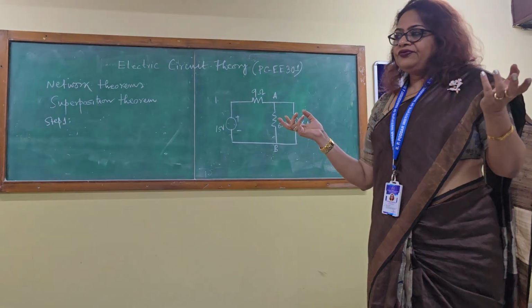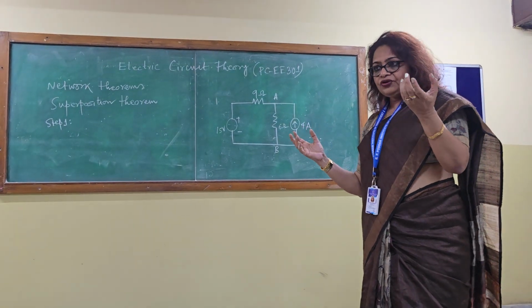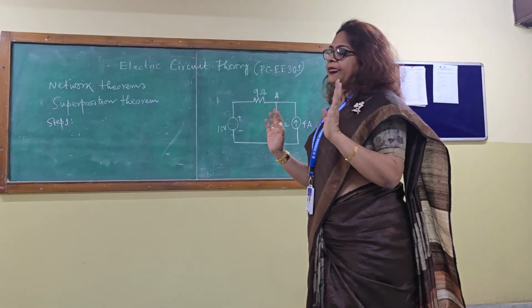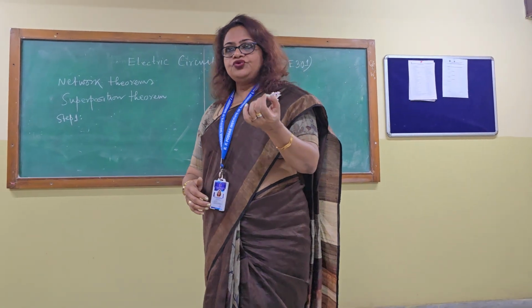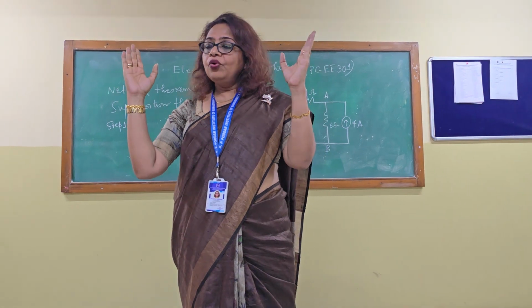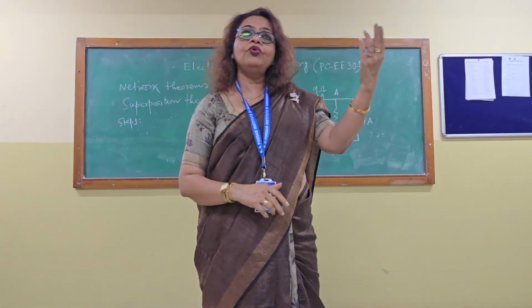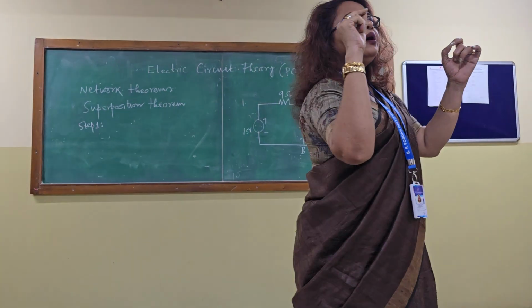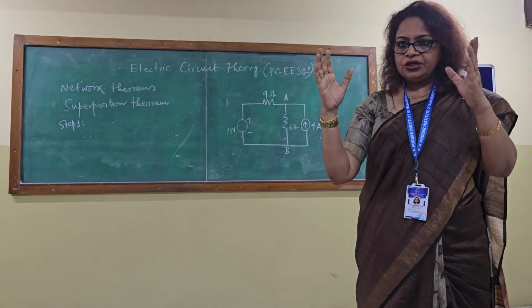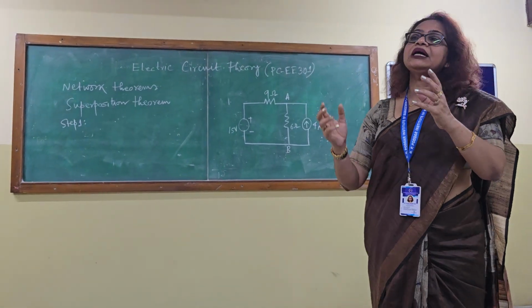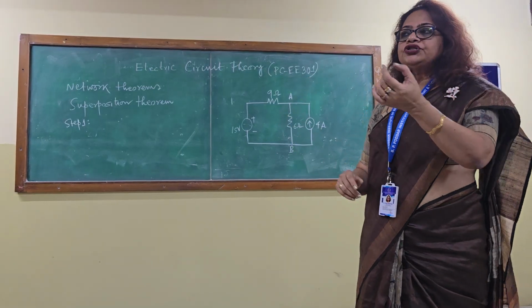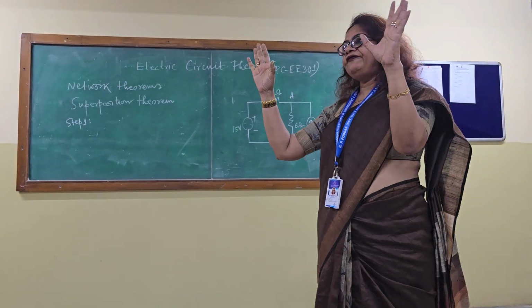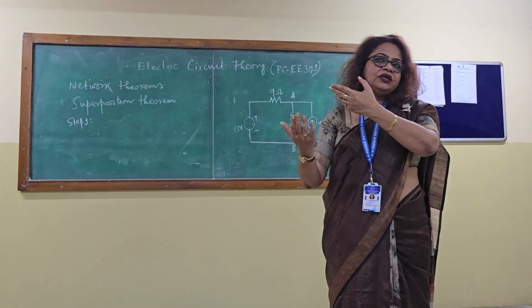Now, it will be better if we initially state the superposition theorem. In any bilateral network containing more than one source, the current or potential drop across a branch will be the contribution of each source individually. Say we have two sources, one a current source and one a voltage source.